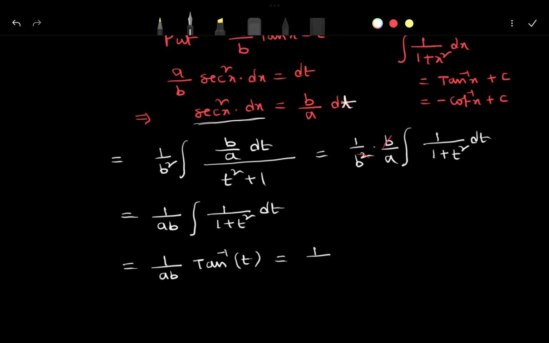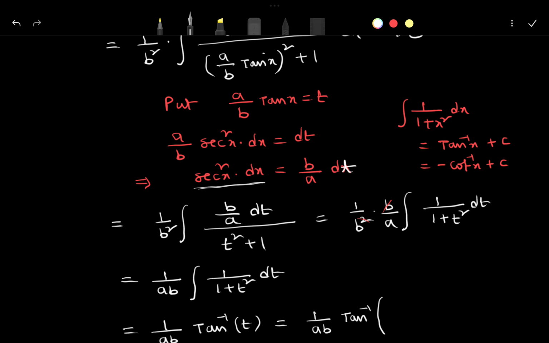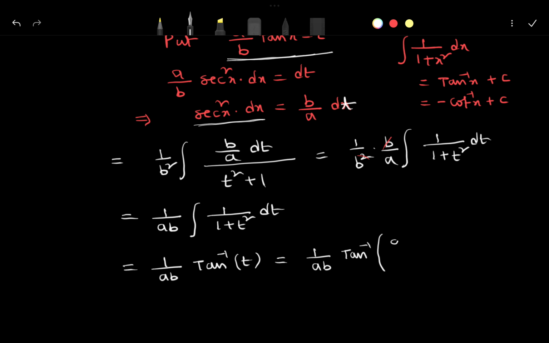Now according to the above substitution, you have taken t is equals to a by b into tan x. Okay, plus c.